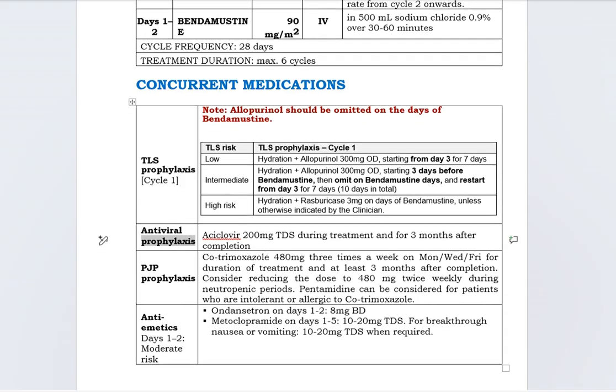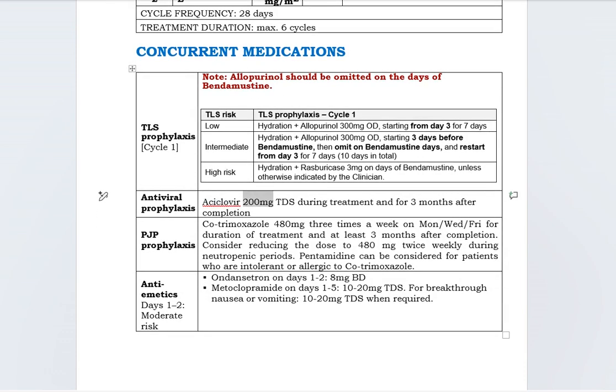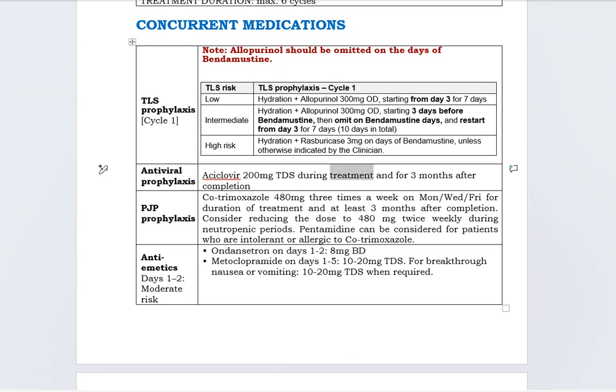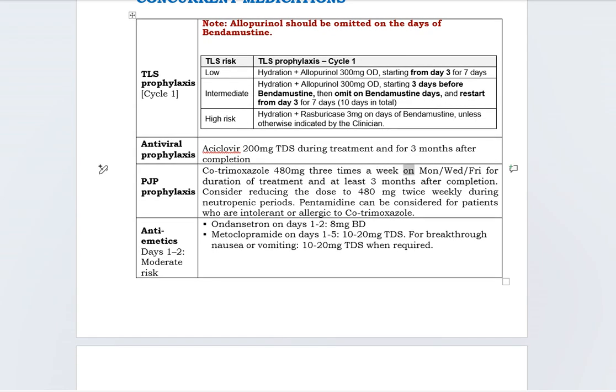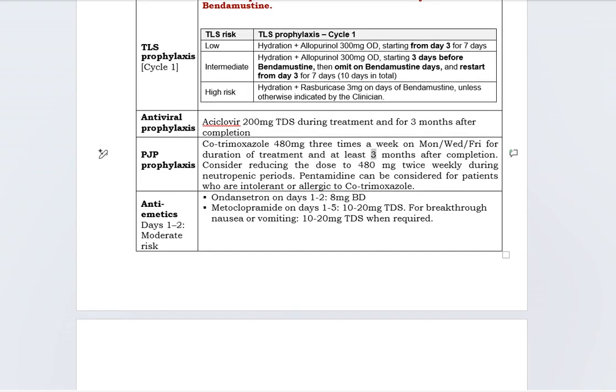Antiviral prophylaxis: acyclovir 200 mg TDS during treatment and for 3 months after completion. PJP prophylaxis: cotrimoxazole 480 mg 3 times a week on Monday, Wednesday, Friday for the duration of treatment and at least 3 months after completion. Consider reducing the dose to 480 mg twice weekly during neutropenic periods.